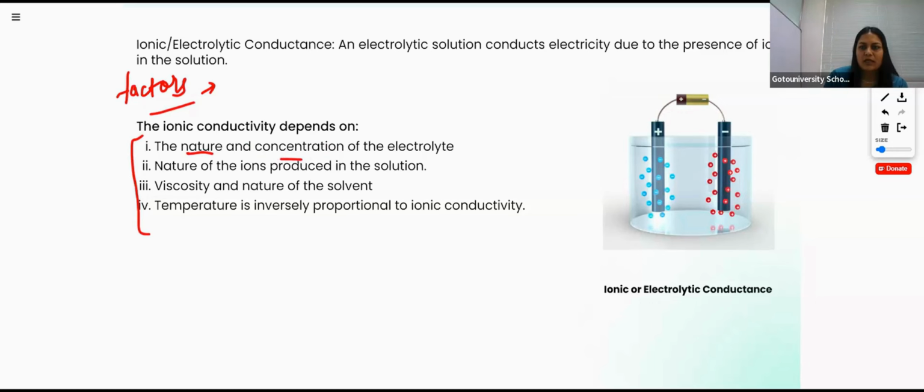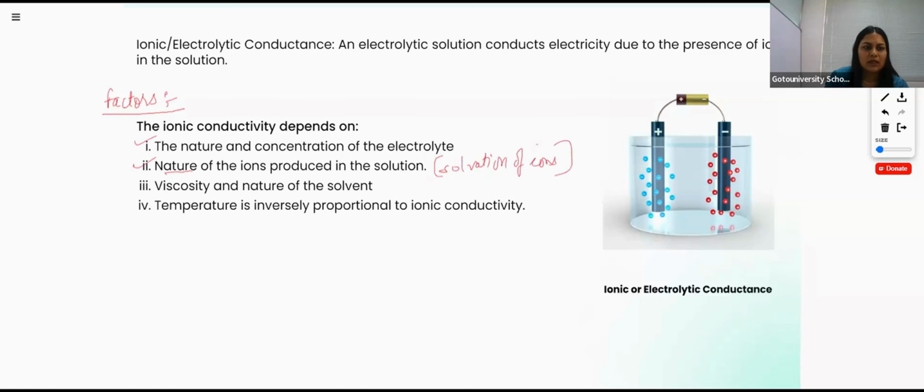Now let us discuss them one by one. The factors on which ionic or electrolytic conductivity depends are their nature and concentration, the nature of ions produced, in which we will discuss the solvation of ions, the viscosity and nature of solvent, and the temperature.